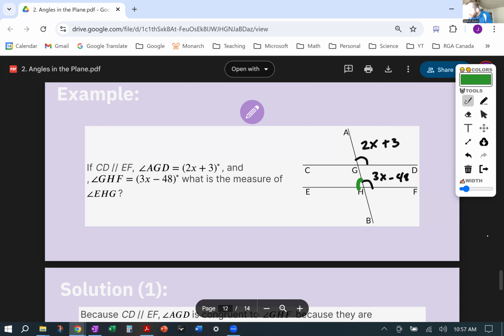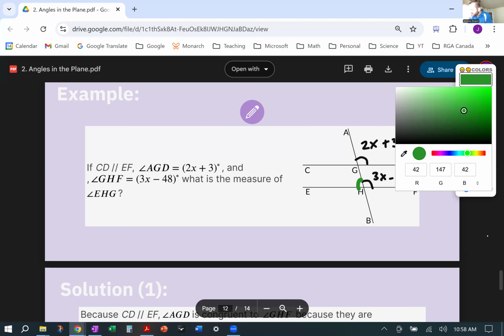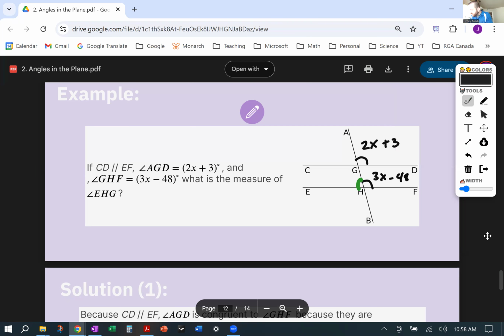So we have to identify, are 2x plus 3 and 3x minus 48 equal to each other, or do they add up to 180 degrees? Those are really the only two options that we have with the parallel lines. And these are corresponding. You can also tell because they're both obtuse angles.